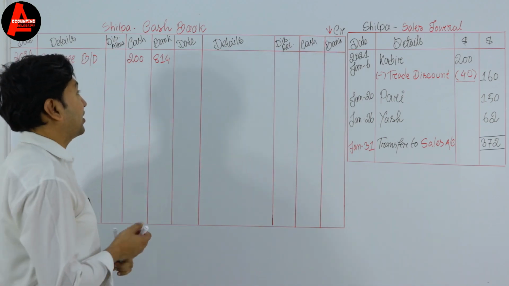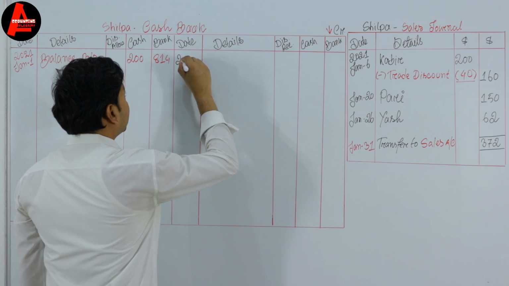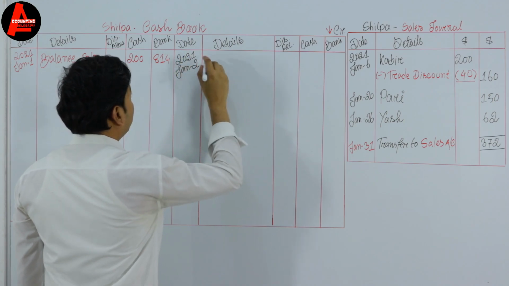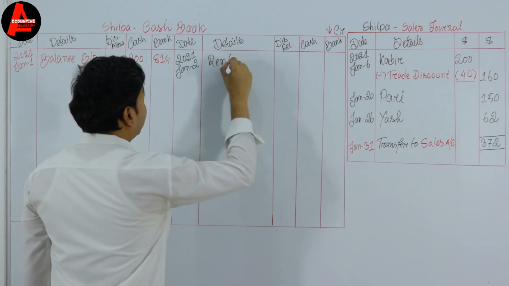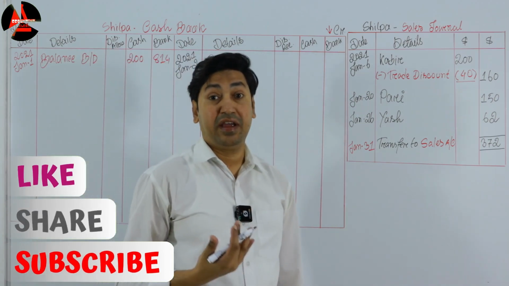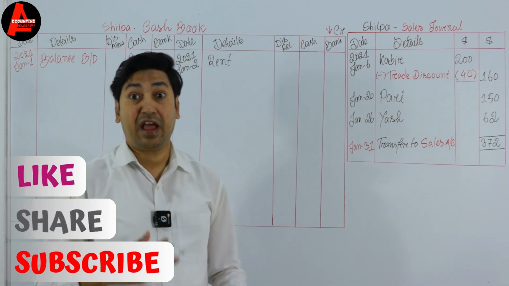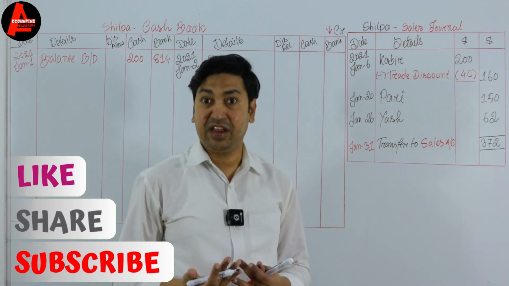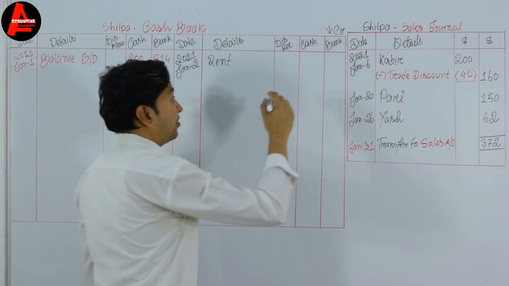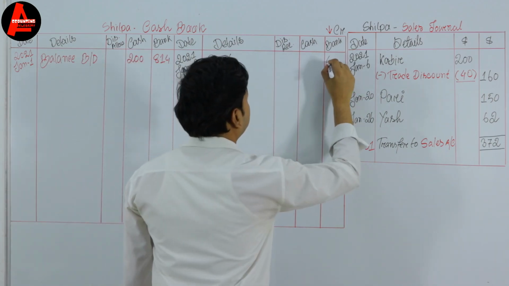Let us write the date first, 2021, January 2. We will write rent here. This rent is not paid in cash, it is paid by direct debit. It happens by bank only. So we will record this amount in the bank column. It is $450.